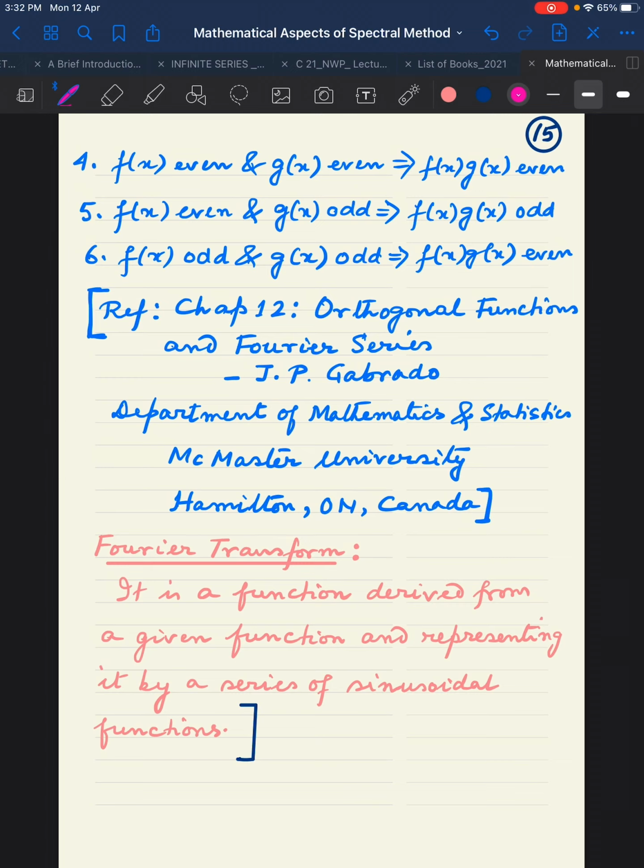These are written in a very compact form in the reference given here. I have just listed some results, but orthogonal functions and Fourier series, their relations and their importance, are all described in the note of Gabbard. And you all know what a Fourier transform is.